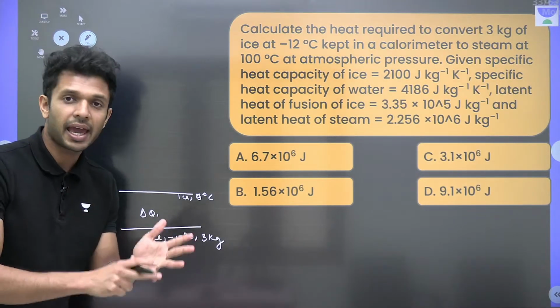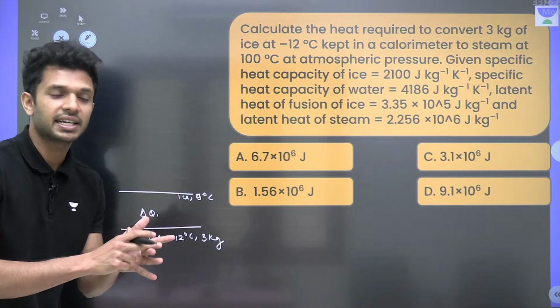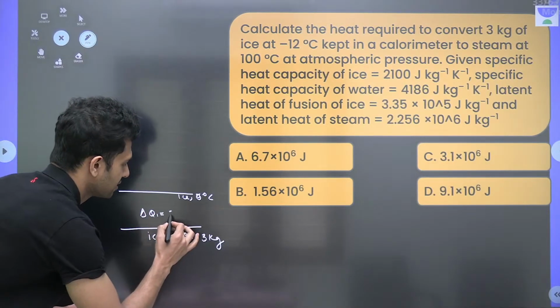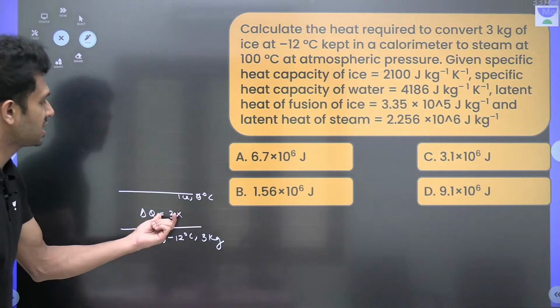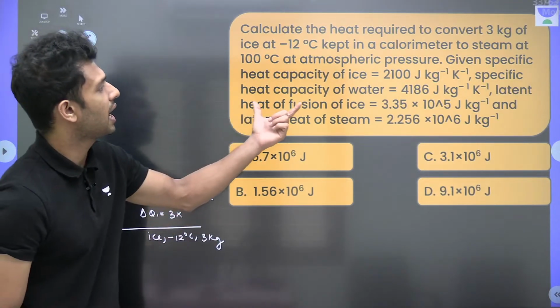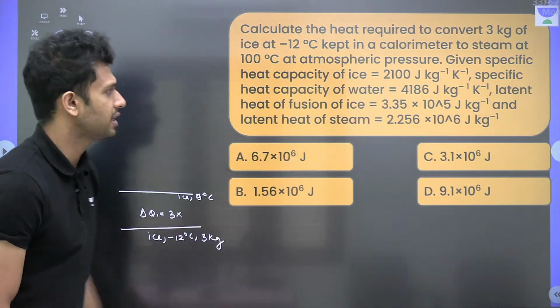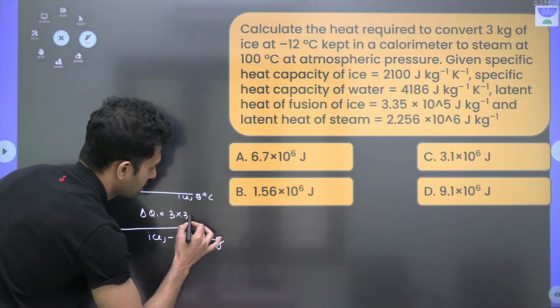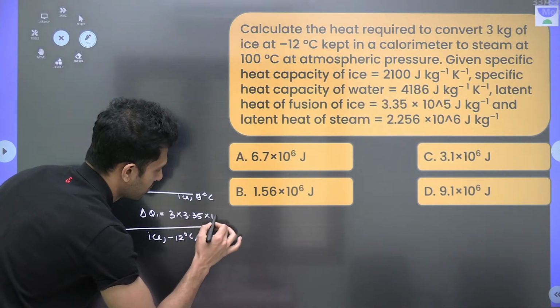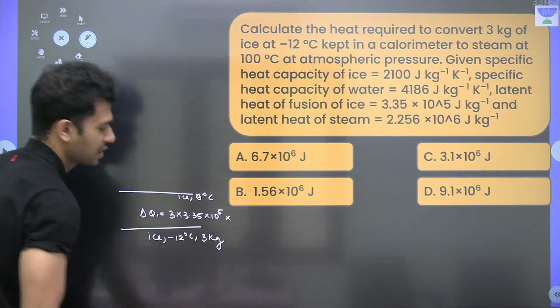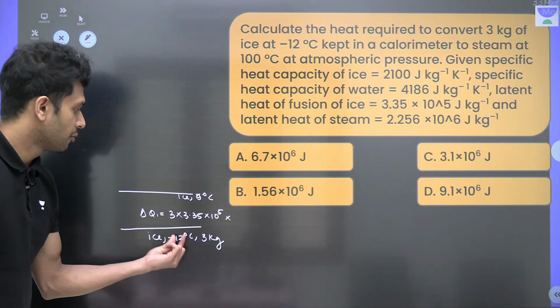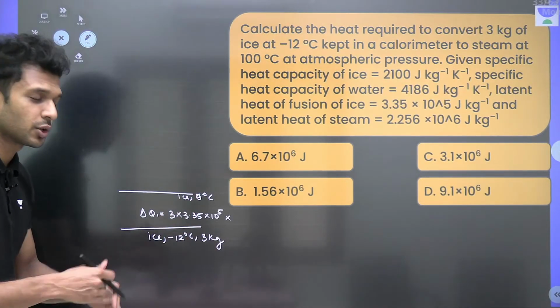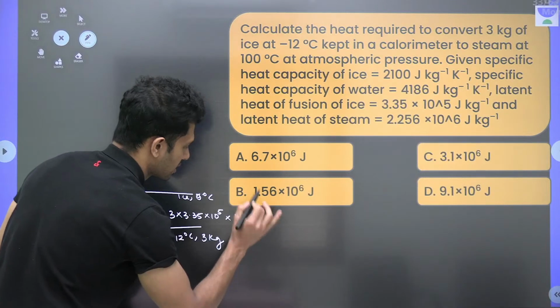Formula is m s delta T. How much is mass? That is equal to 3. What is specific heat capacity of ice? 3.35 into 10 power 5, into change in temperature. How much is change? From minus 12, it becomes 0. So the change is 12 degrees Celsius.